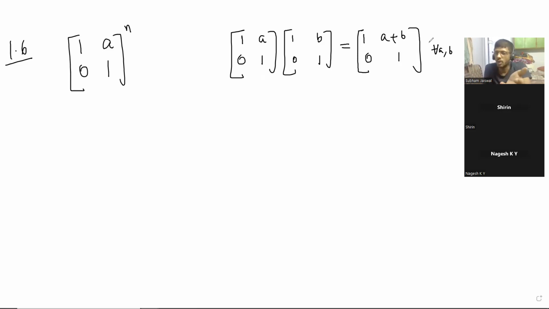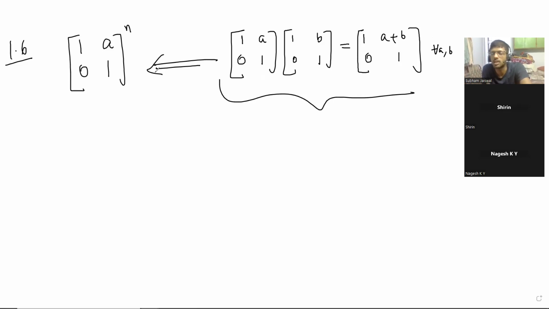It's not to make our lives complicated, it's to simplify things, to get a better language. So for all a and b, if it is true for all a and b, then how do you get that one from here? I am saying that from here, you can get this one. It is true for all a and b. So what should you take as a and b to get that one?